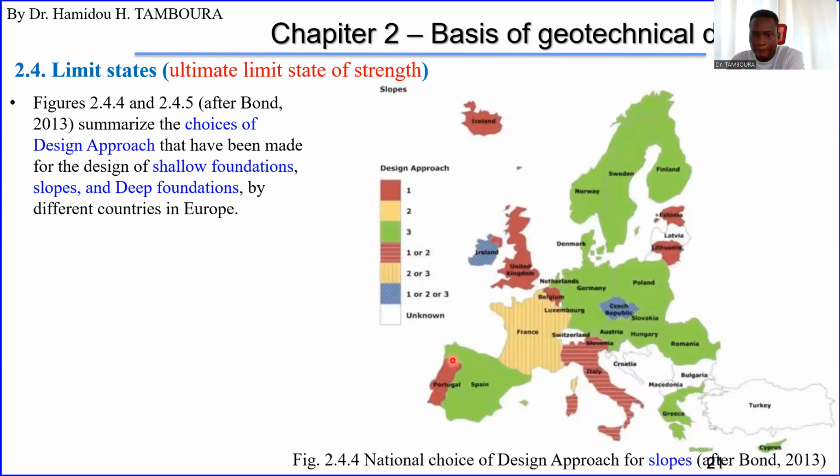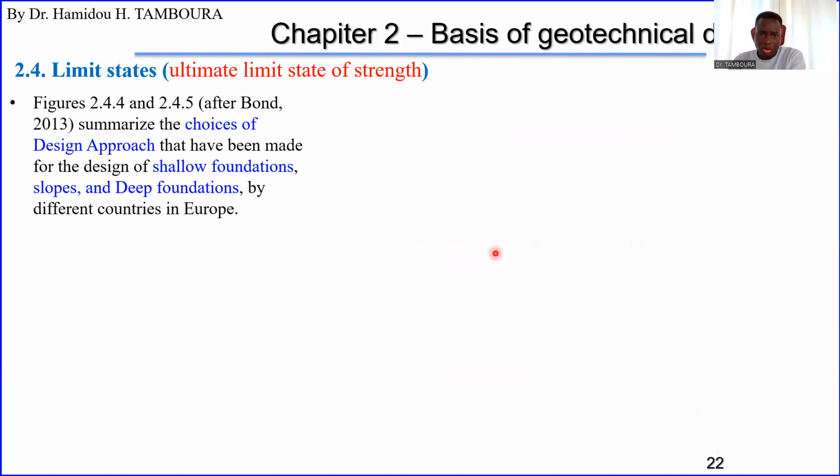Design approach 2 and 3 are used, for example, in France. Design approach 1 or 2 or 3 are used, for example, in Iceland and the Czech Republic. But some are also unknown, like this. That was for slope stability.